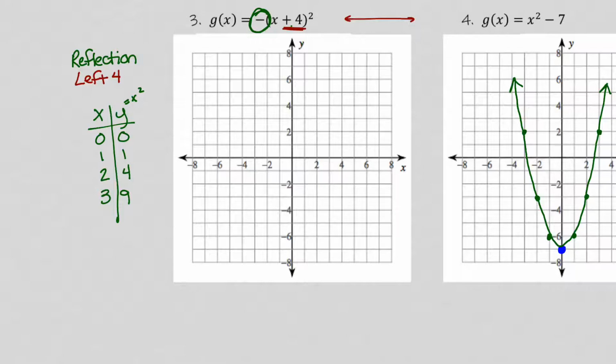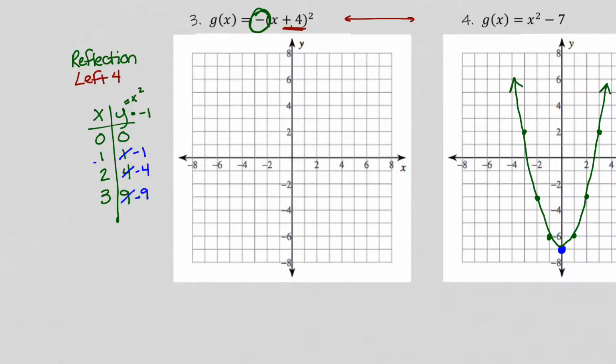So in this case, that negative is really a -1. So I'm going to multiply all of these values by -1. So 0 stays 0, 1 becomes a -1, 4 becomes a -4, and 9 becomes a -9.